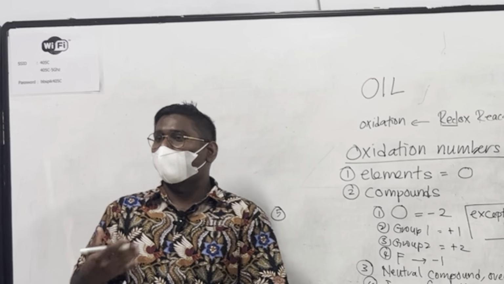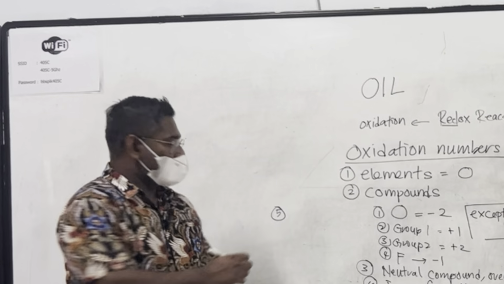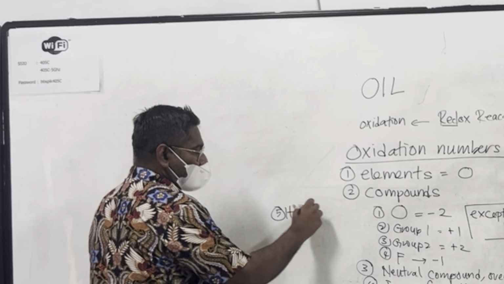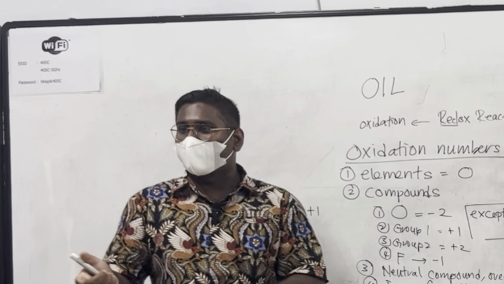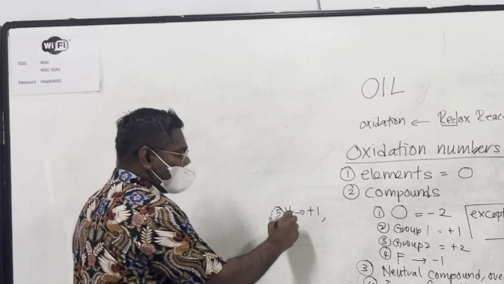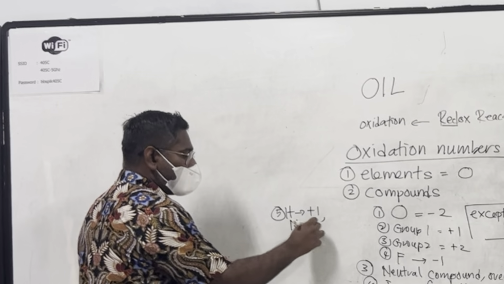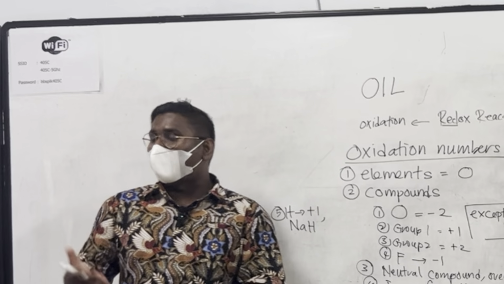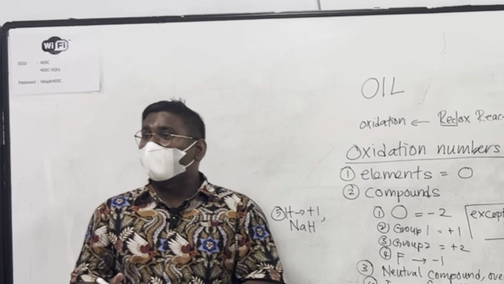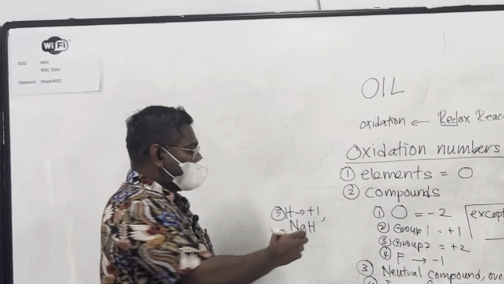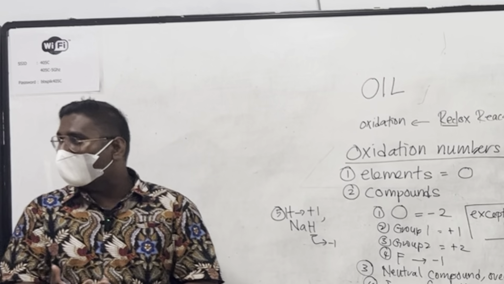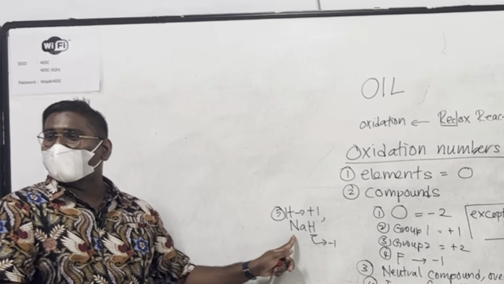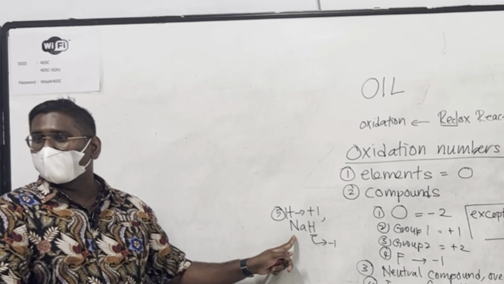Hydrogen will always be positive 1, except for metal hydrides. Metal hydrides means, for example, NaH. If you have metal hydrides, hydrogen will become negative 1. This is easier to remember also. Why? Sodium is always positive 1.